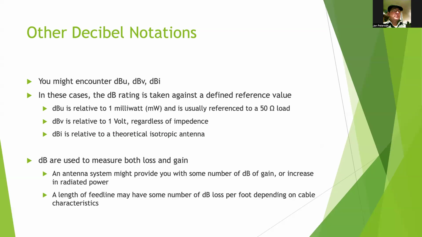Okay. And it's dependent on what the nature of the thing that you're measuring is. A dBU is based on 1 milliwatt and is usually referenced to a 50 ohm load, and it's used in electrical transmission essentially.